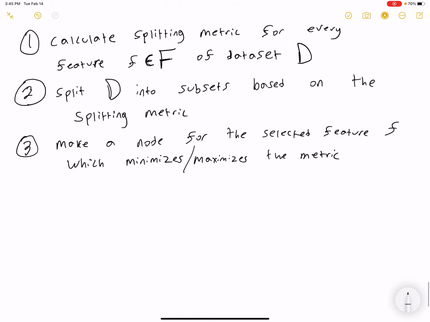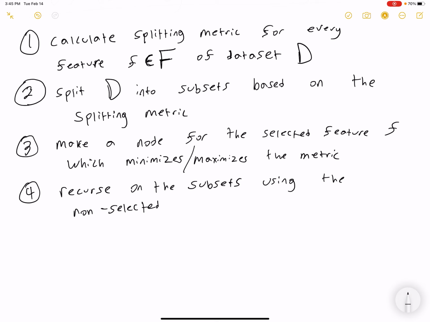And then step 4, we recurse, using recursion on the subsets using the non-selected features.